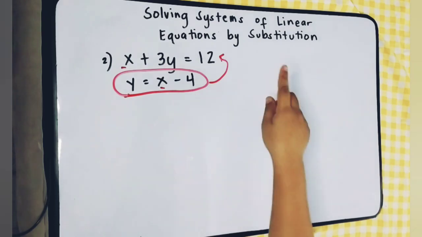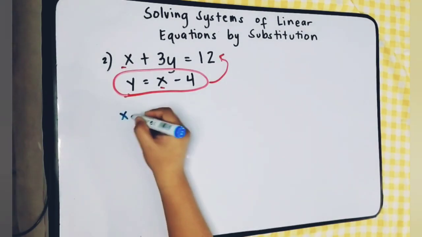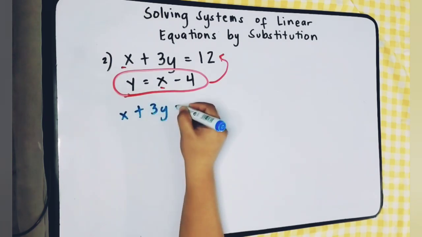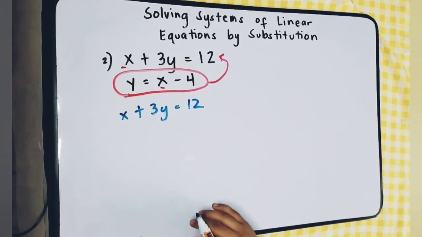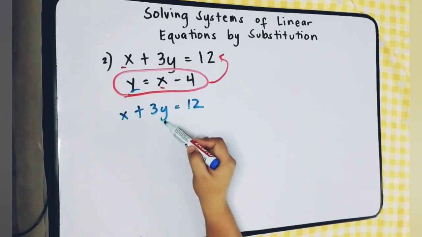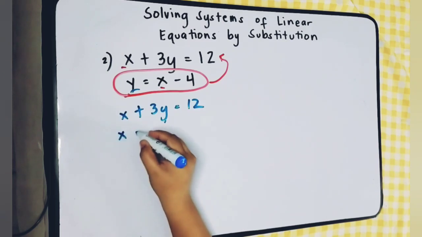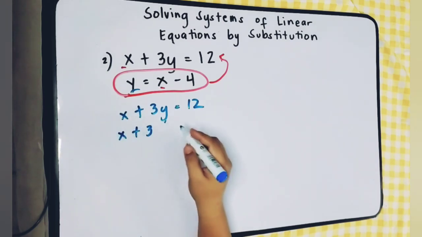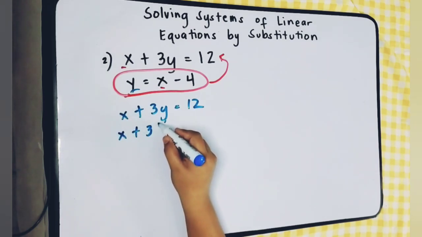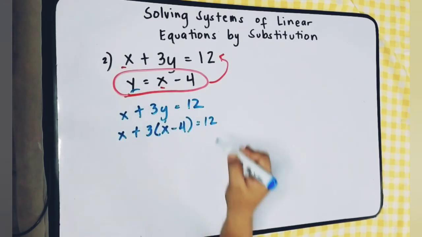So, using now the first equation, which is x plus 3y equals 12, ano na ngayon papalitan natin? Papalitan natin ngayon si y. Anong ipapalit natin kay y? Si x minus 4. So, we have here x plus 3, then, instead of y, so x minus 4 equals 12.